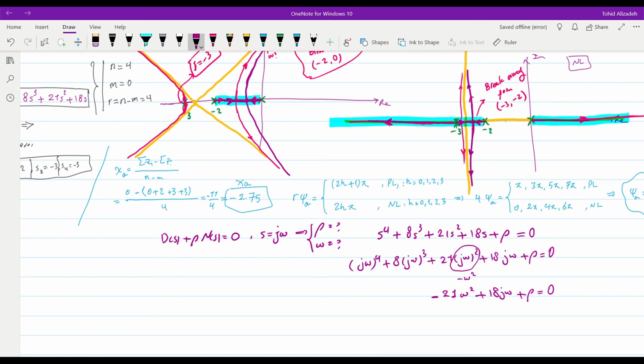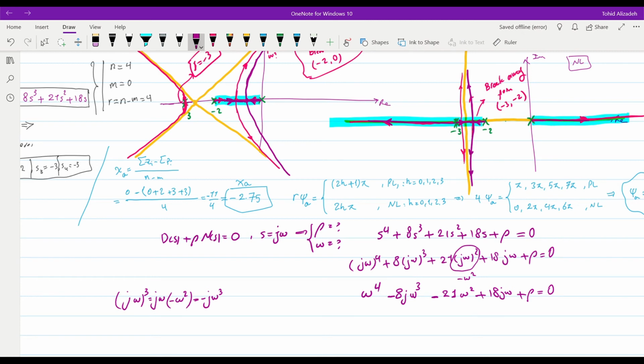Then over here, j omega to the power of 3 will give us j omega times minus omega squared. So we'll get minus j omega to the power of 3, and it will be multiplied by 8, so minus 8j omega to the power of 3. And j omega to the power of 4 will give us omega to the power of 4, since minus omega squared times minus omega squared gives omega to the power of 4.